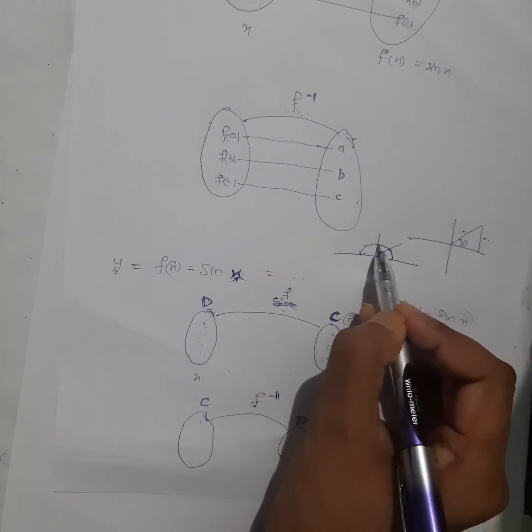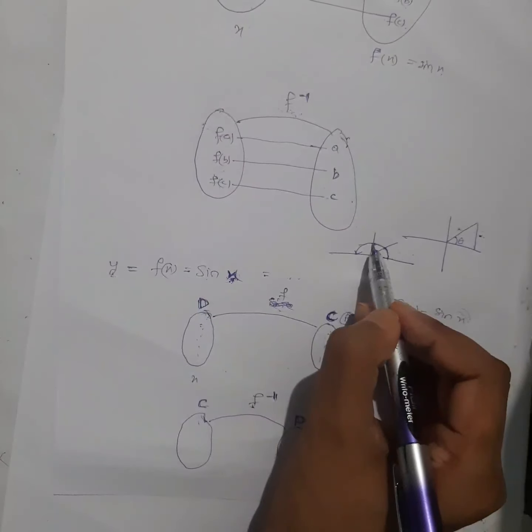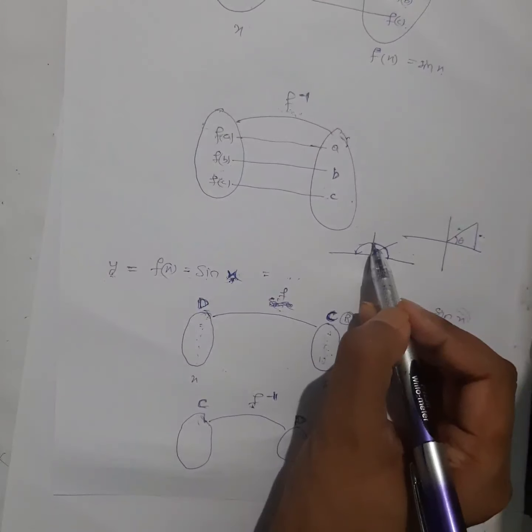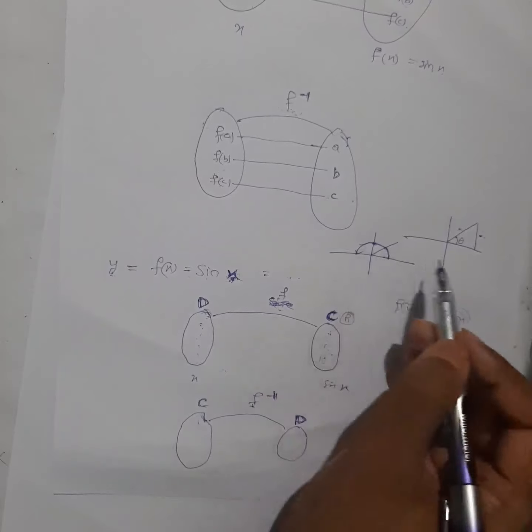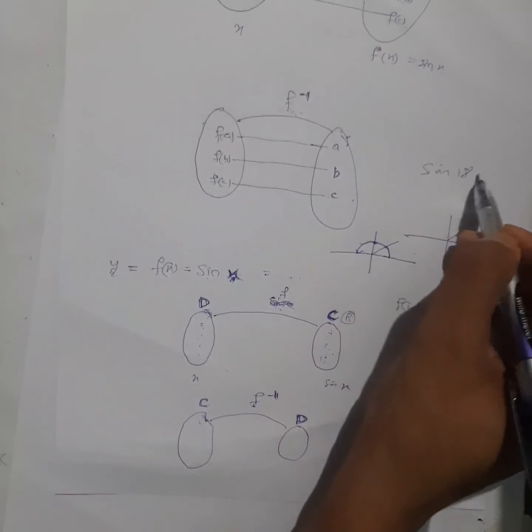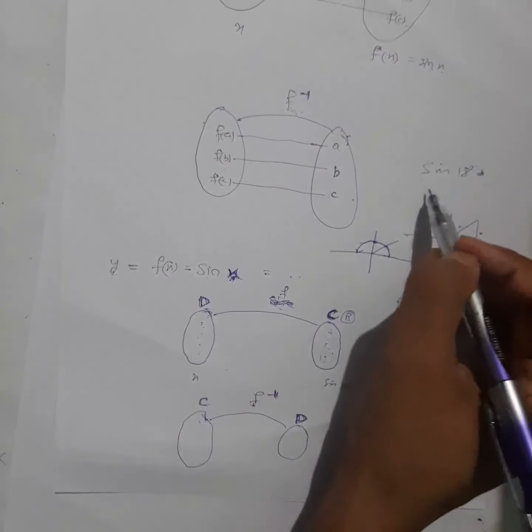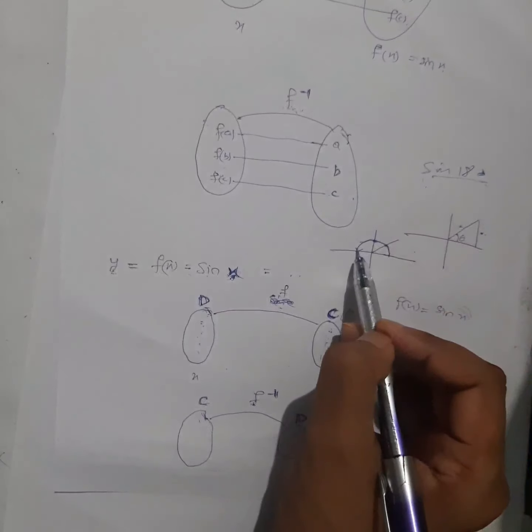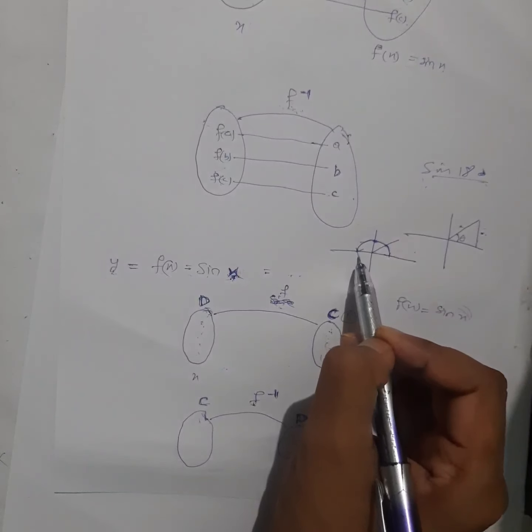When you take 90 degrees, then what will you get? Some real value. If you take 180, you know how to find sine 180, right? We discussed this in class 11 only. So sine 180 also will give you some real value.